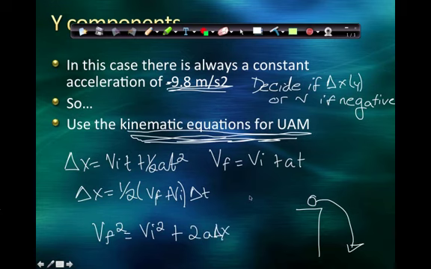Okay, so in the y direction, you will use these equations because there is acceleration and it's also a uniform accelerated motion. So basically, the acceleration stays the same throughout the fall.